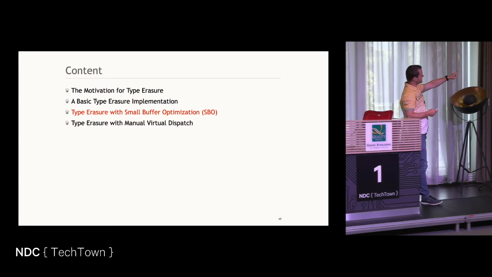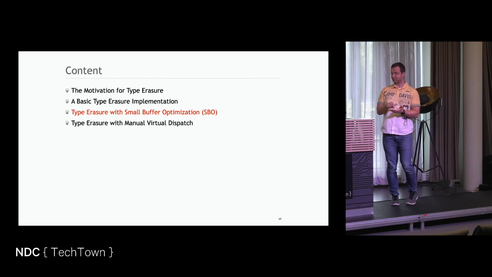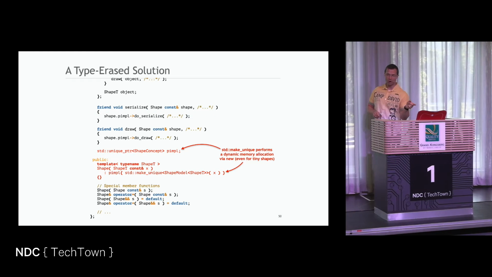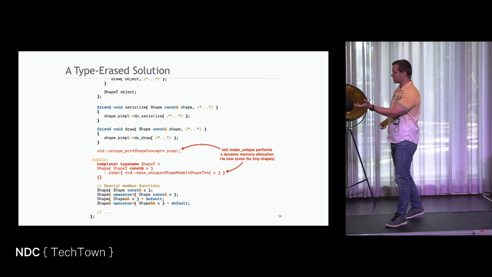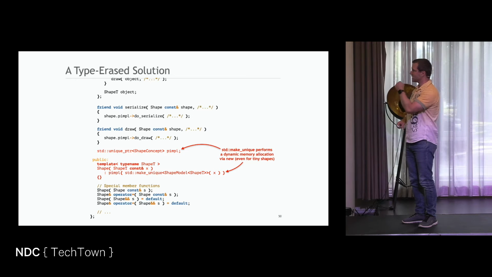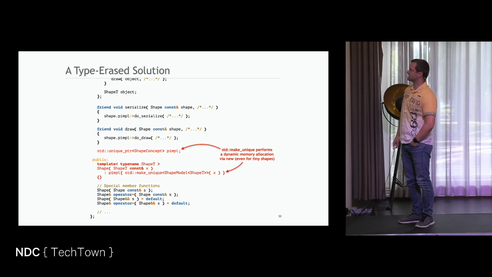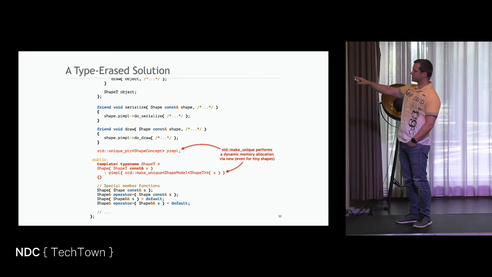So the first idea is that we just get rid of the allocation, obviously. Because right now, every time I call make_unique for any kind of shape I put inside. And you've seen that circles and squares are kind of tiny things. There's not a lot inside. And still I put it somewhere on the dynamic memory. Not particularly efficient.